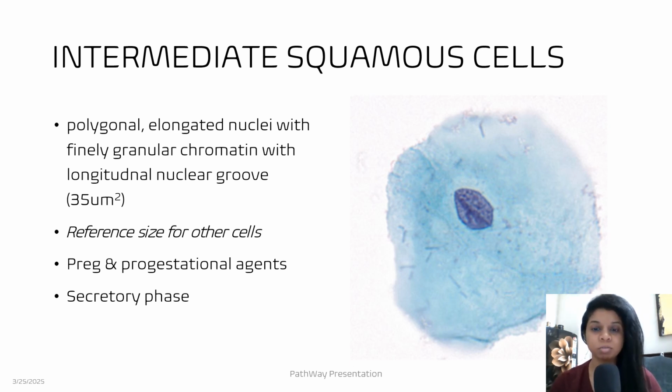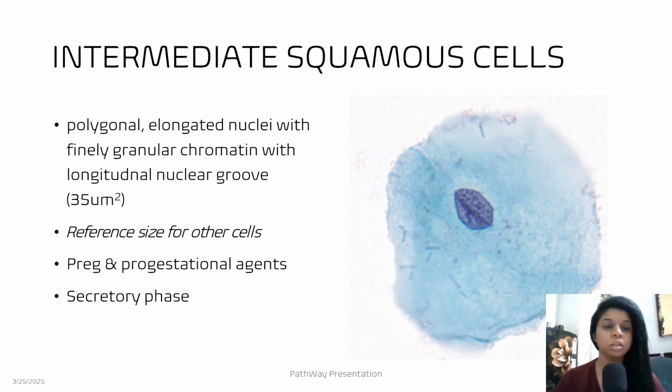What I meant is that it is very diffuse and uniform. It's not at all dense, it is uniformly stained cytoplasm, and you can see a proper nuclear groove, and the nucleus is a little larger than the pyknotic nuclei. If you go to high power, you will appreciate the groove. If it is a very experienced person, you can see it in the low power also. Intermediate cells are the reference size for other cells, intermediate cell nuclei especially.